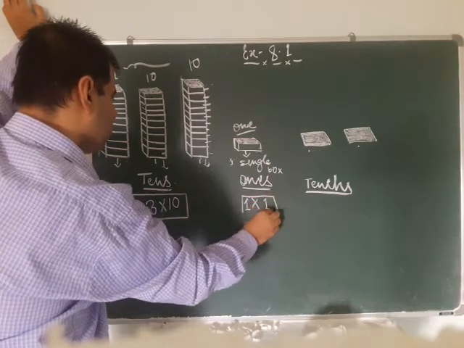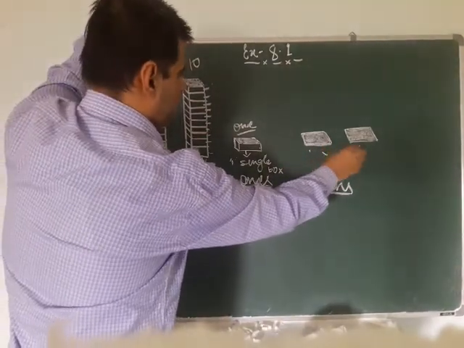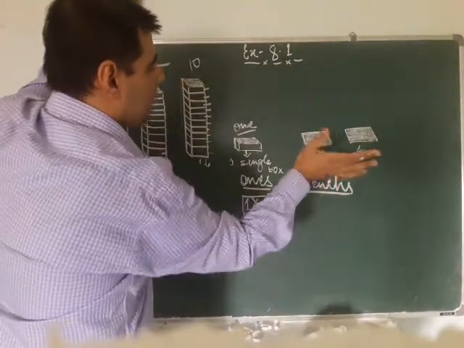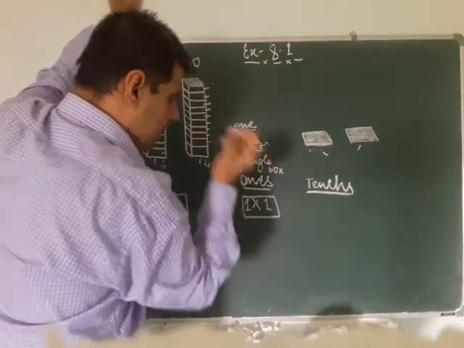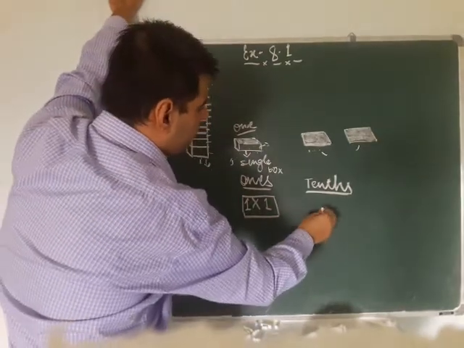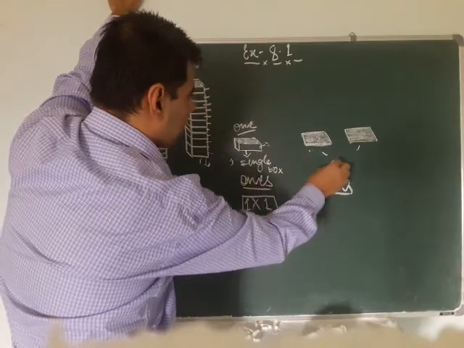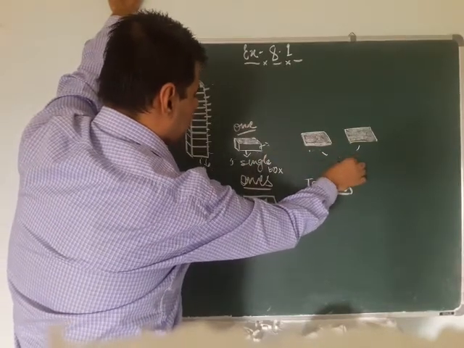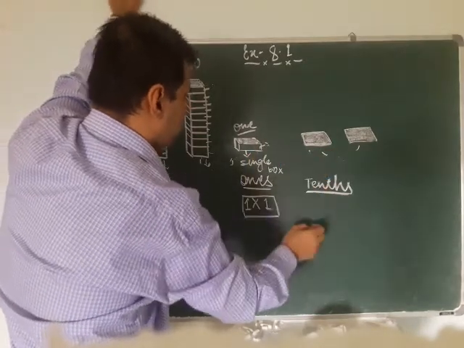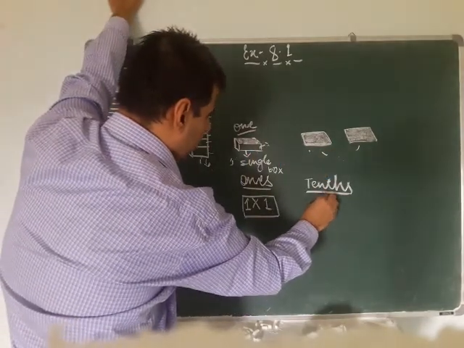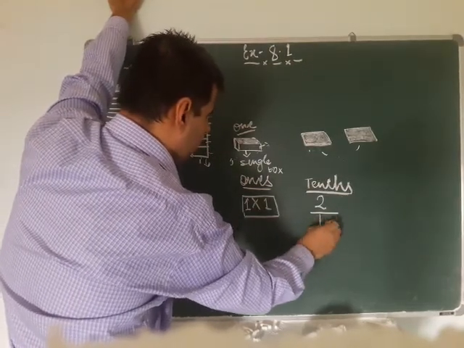Now in the tenths case, there are only 2 entities, and we know that if we add 10 entities of this kind, we will get one single box. But here we have only two entities, so the numeral value of these two entities can be written as 2 by 10.